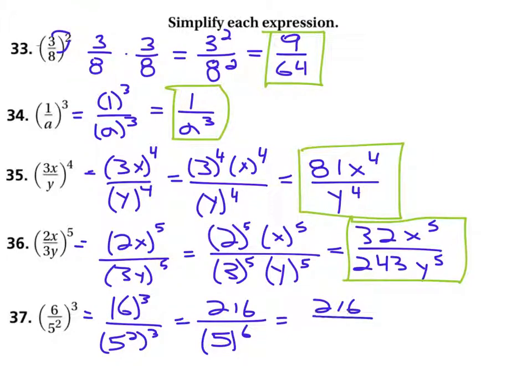So then we get 216 over, 5 times 5 is 25, 125, 625, 3125, and gosh, what would that be? 15,125? I've got to do that math in my head over here.